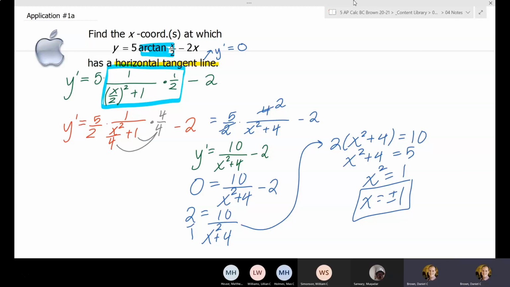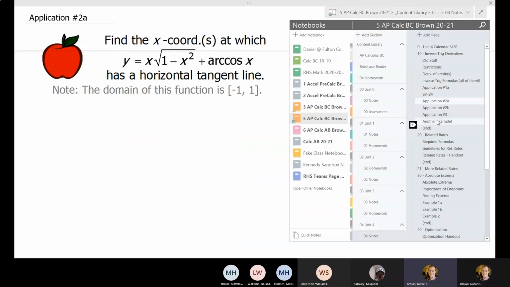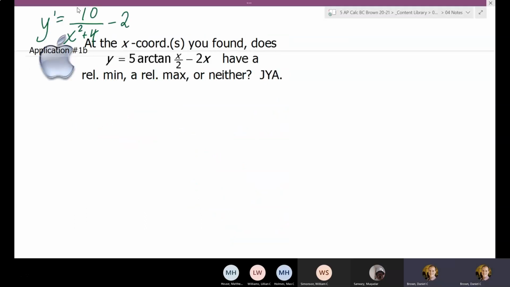So go ahead and take that equation, and I want you to find whether that is a relative minimum, maximum, or neither. And so we saw the critical points were plus or minus 1.